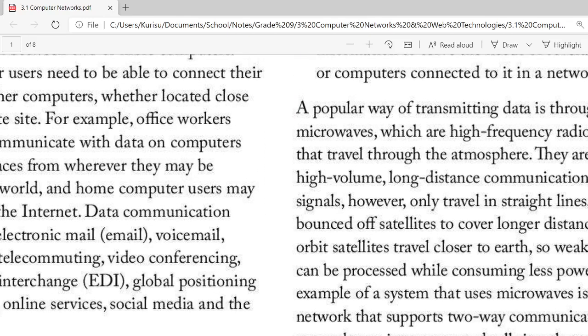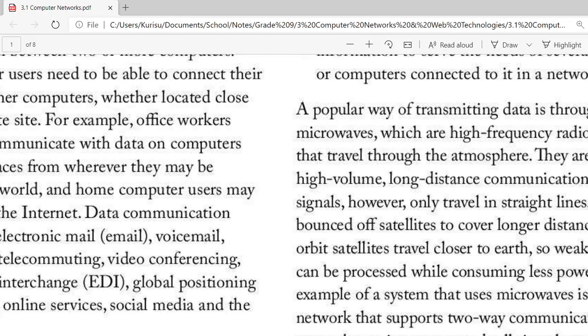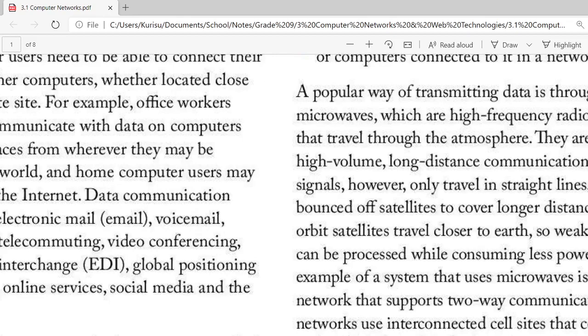Now, that is the configuration. It can either be a point-to-point, two devices connected to each other, or it can be a broadcast, multiple devices connected to each other. But how they are connected does not matter, because you can be connected to the network via different methods.